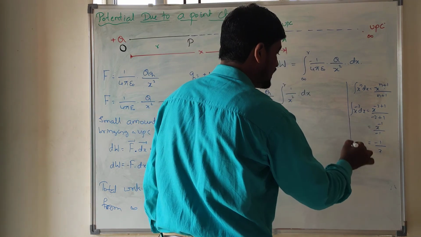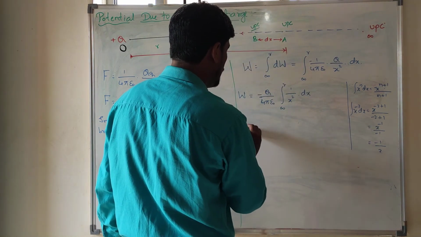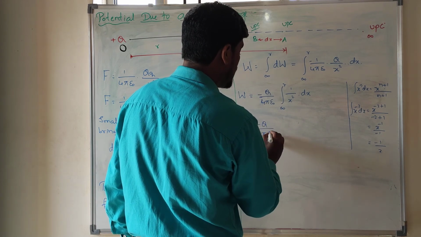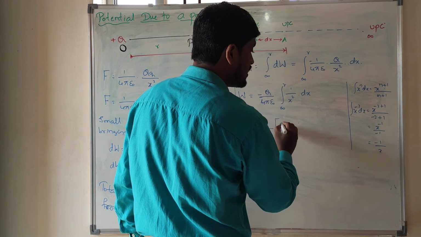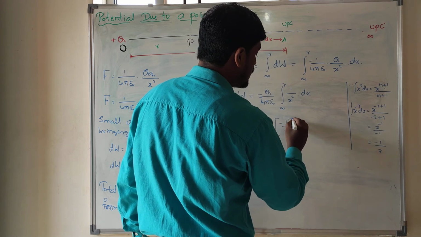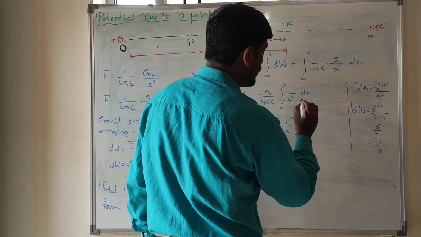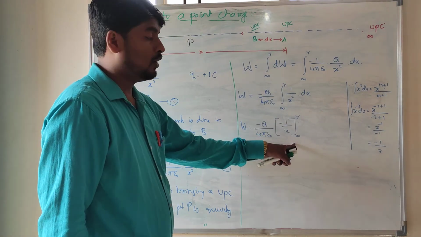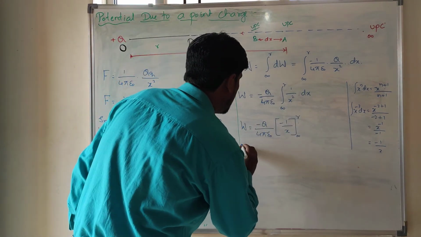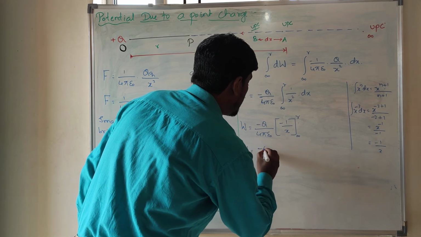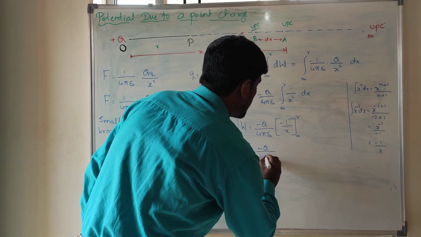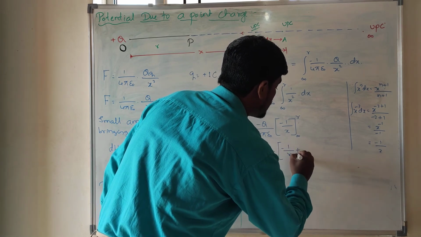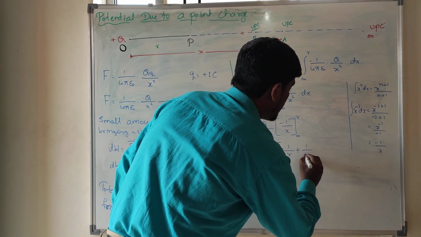If I substitute here, I will get W is equal to minus q divided by 4 pi epsilon naught. After integration, we have arrived at the value minus 1 by x between the limits infinity to r. First, we substitute the upper limit followed by the lower limit with the minus sign. So now W is equal to minus q divided by 4 pi epsilon naught into minus 1 by r, minus of minus becomes plus, 1 by infinity.